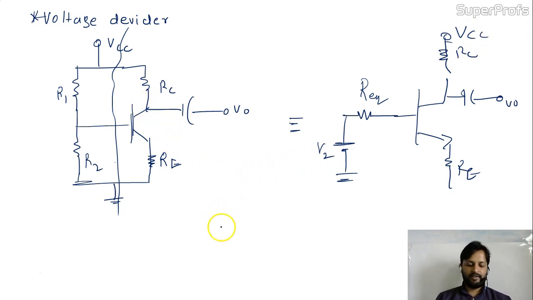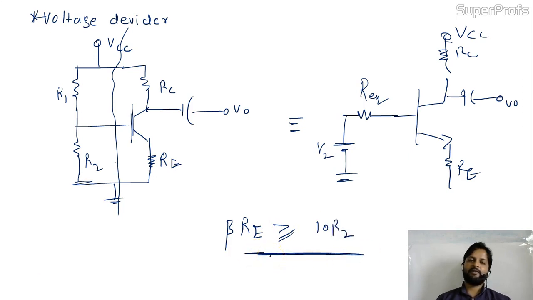In the voltage divider biasing, the condition was beta RE should be greater than or equal to 10 times R2. Why are we doing this biasing? To keep IC independent of beta, because beta is directly affected by temperature.